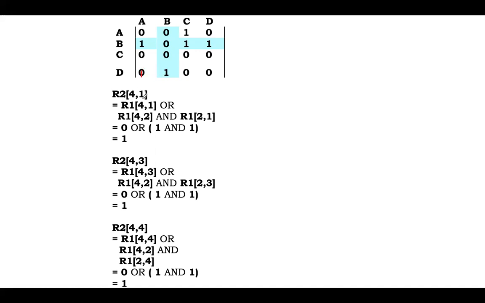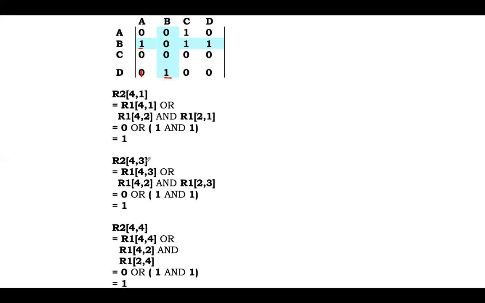That is R2 of 4 comma 1, fourth row and first column, which is equal to R1 of 4 comma 1 OR R1 of 4 comma 2 AND R1 of 2 comma 1. So the AND operation is 1, so this point will become 1.